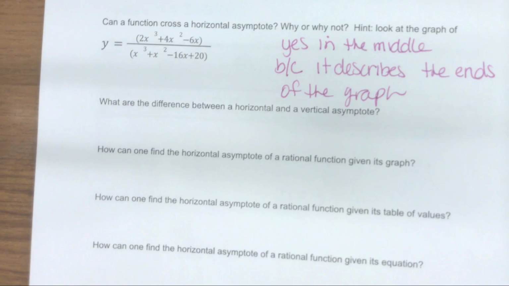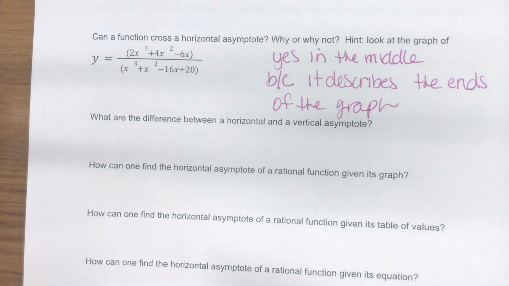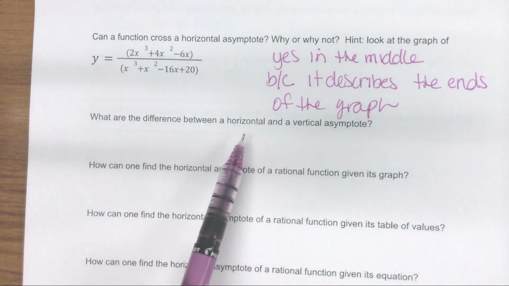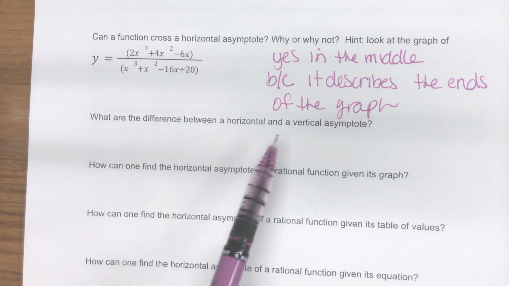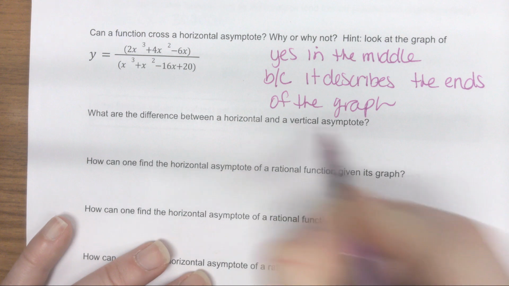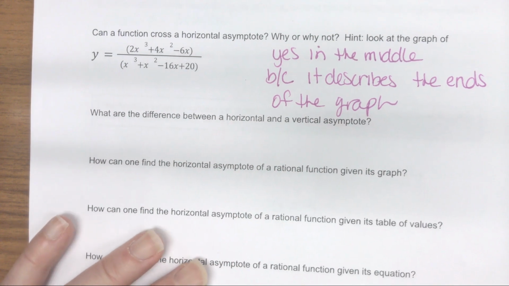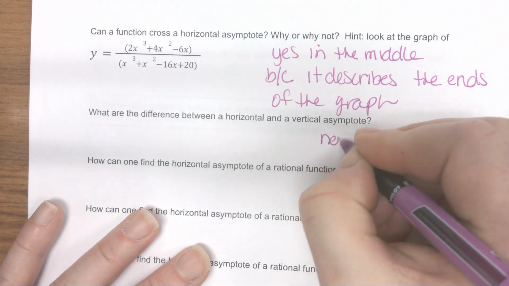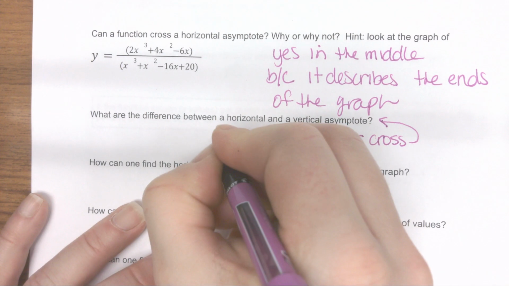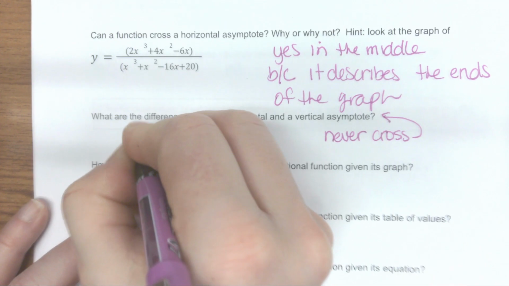So what are the differences between horizontal and vertical asymptote? Well, duh. First of all, one's a horizontal line and one's vertical, right? That's pretty obvious. Also, vertical asymptotes, it will never cross. So it's going to never cross here. Sometimes in the middle it will cross that.